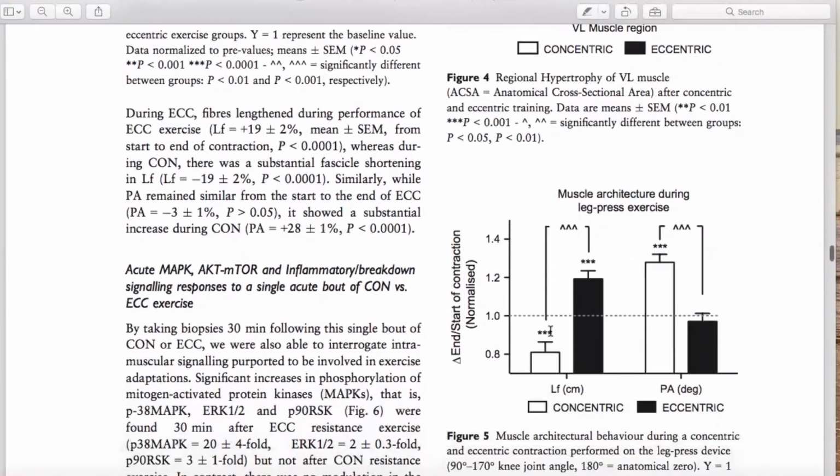So we checked if there is a shortening or a lengthening in the two phases, and that is well represented by this graph. You can clearly see that when the vastus lateralis performs a concentric action, there is a shortening of fascicles, and the fascicles are instead lengthened during an eccentric phase.